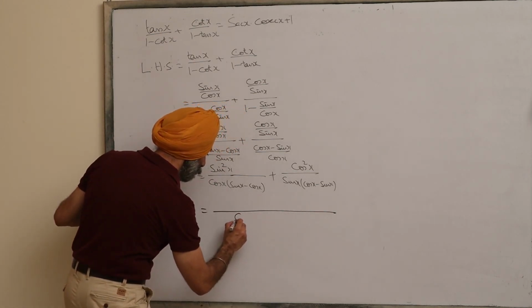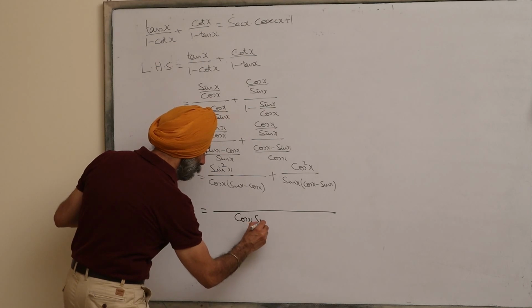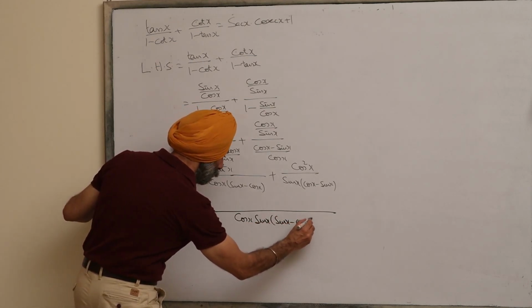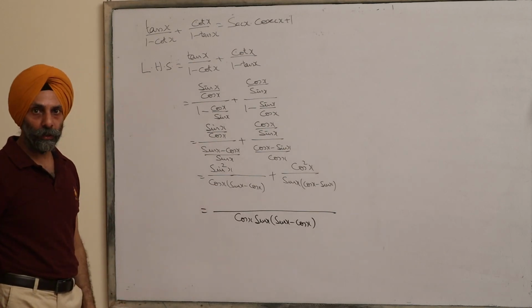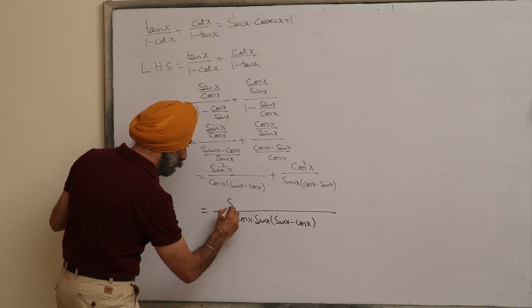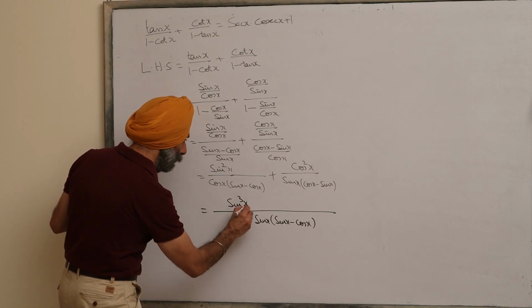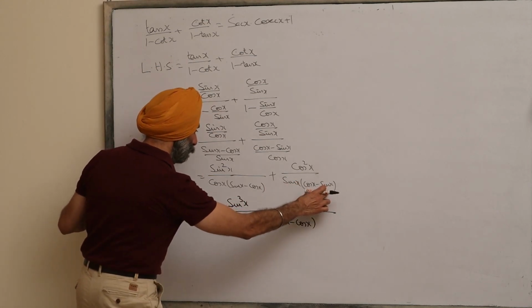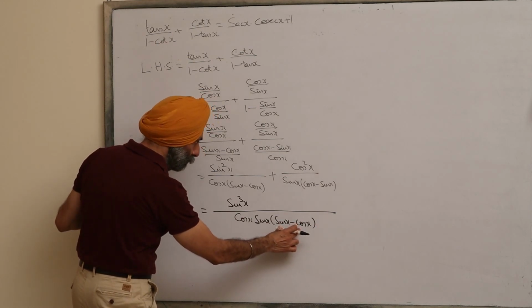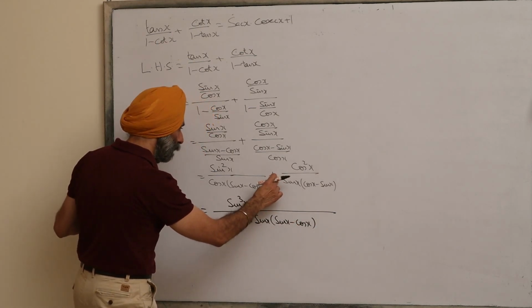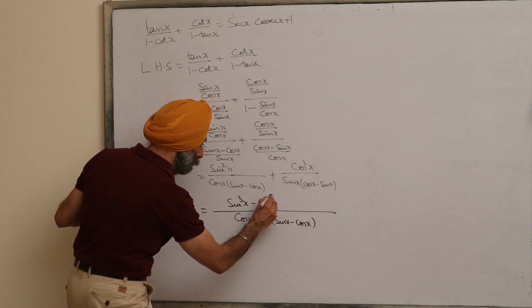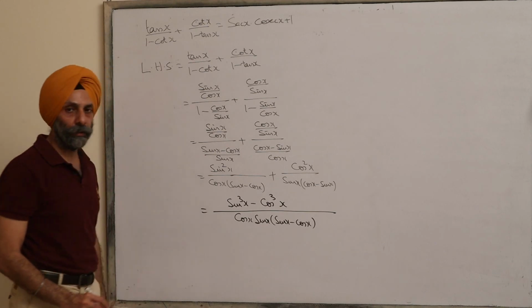This is cos x into sin x into (sin x minus cos x). So when you simplify this, it will come out to be sin^3 x, because here it is cos x minus sin x, but in the LCM term it is sin x minus cos x. Here you have positive sign. This one is negative of it. It is minus cos^3 x here.